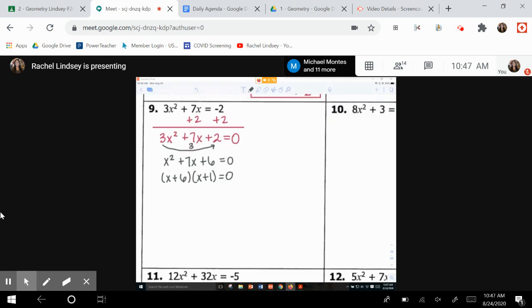Did my slide, did my factoring. Now I need to do what? Divide. So what am I dividing by? 3. So what's 6/3? 2. So I have x plus 2 and x plus 1/3.